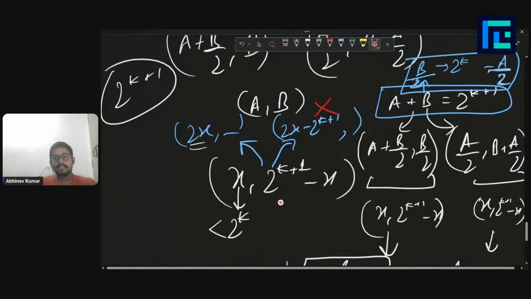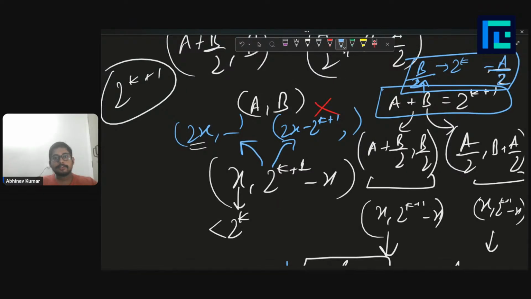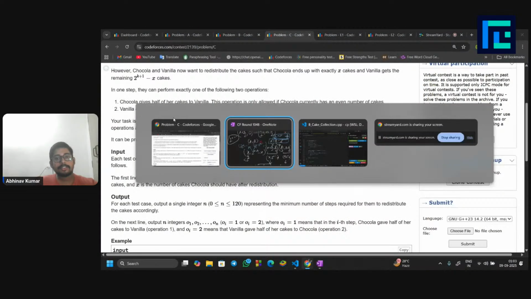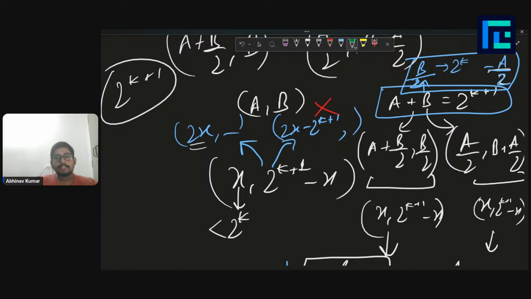What would it be? From B to A, this transfer was the operation where vanilla gives half to chocolate. This was operation 2, and this was operation number 1.